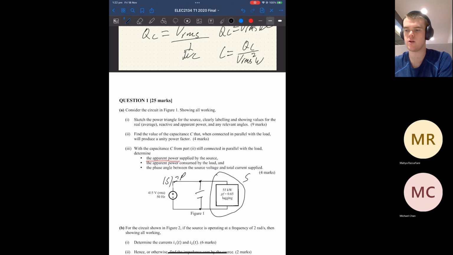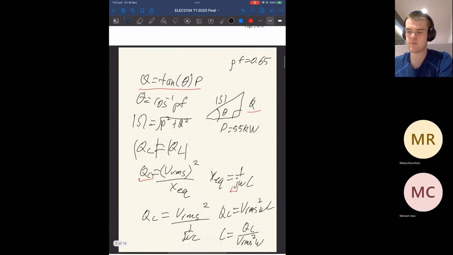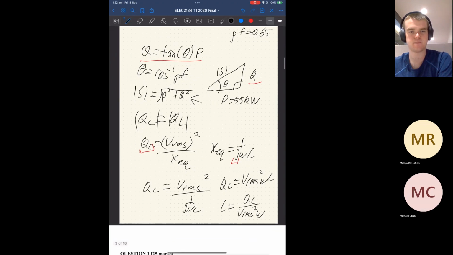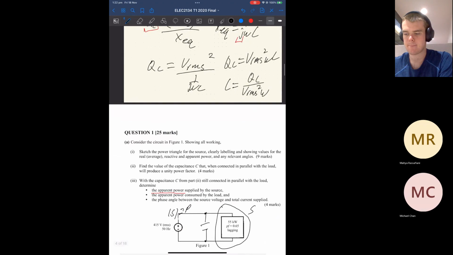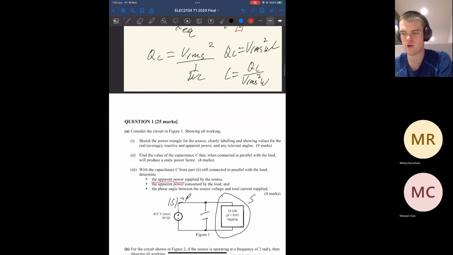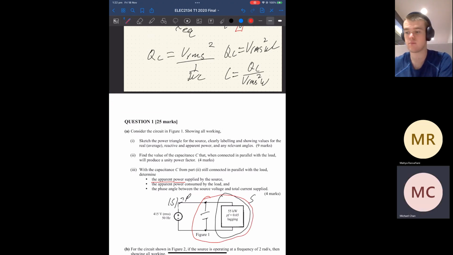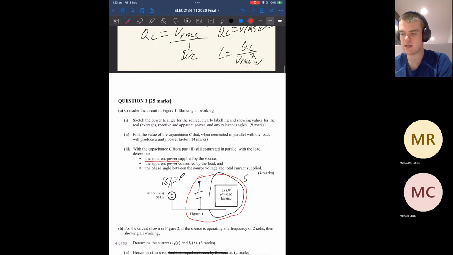It'll be the S value we calculated up here. Now, the part I'm not 100% sure about is if we consider this to be our new load, then it would be the same. Yeah. Okay.